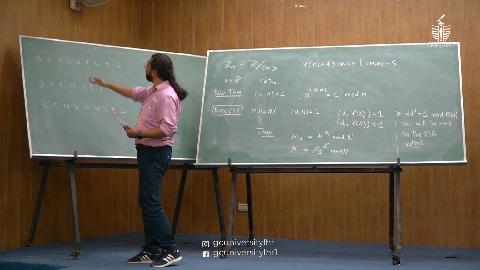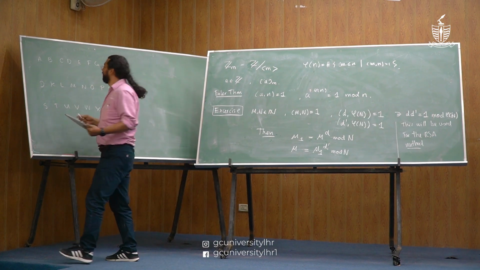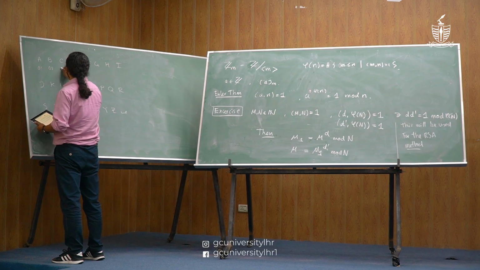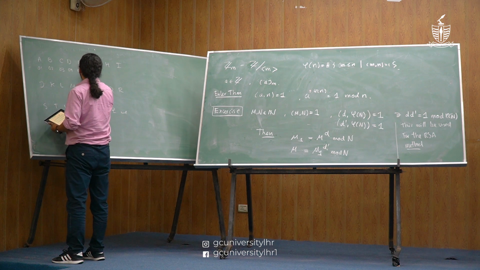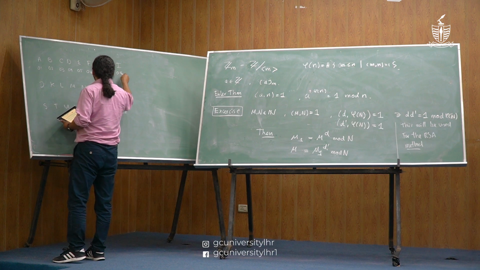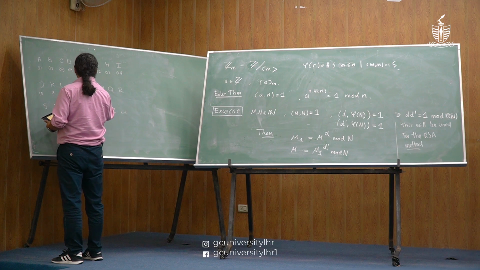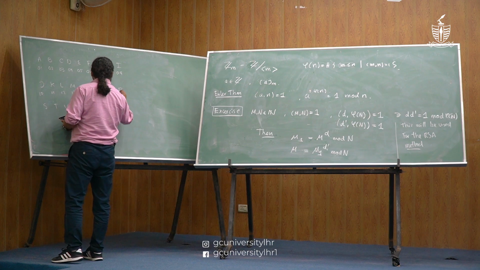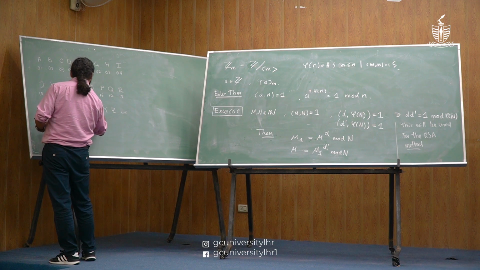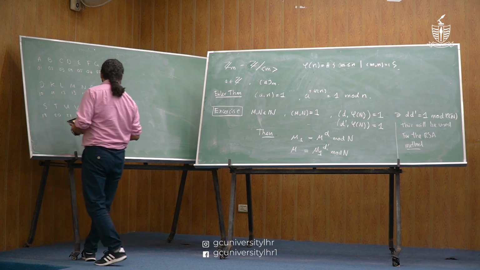To each letter, I will assign a number, like the naturals: 0, 1, 2, 3, up to 26, and 27.